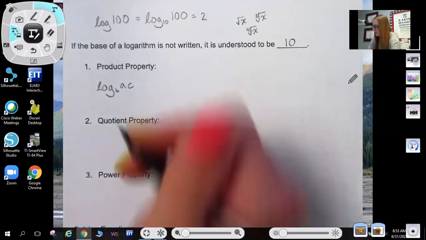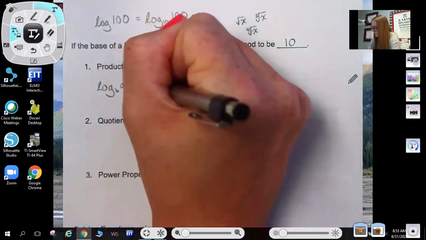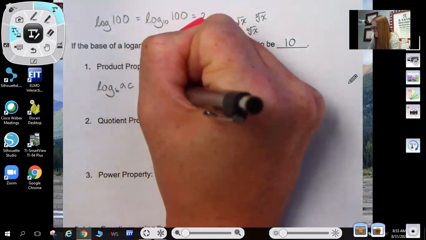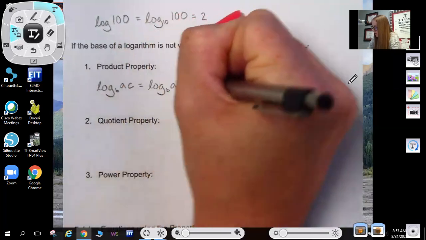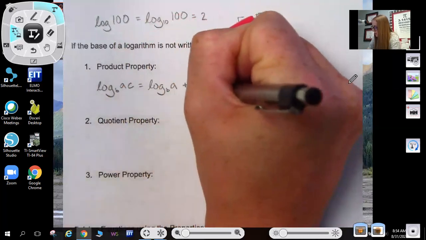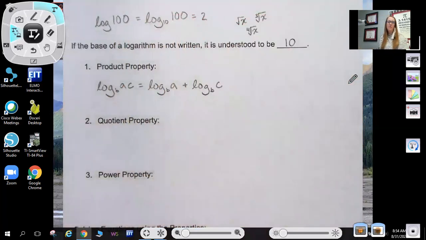The product property says this can be written as log base b of a plus log base b of c. So you can split that logarithm into 2 separate logarithms with the same base, and you split a and c up into each one of those logarithms and you add them together. That is the product property definition.